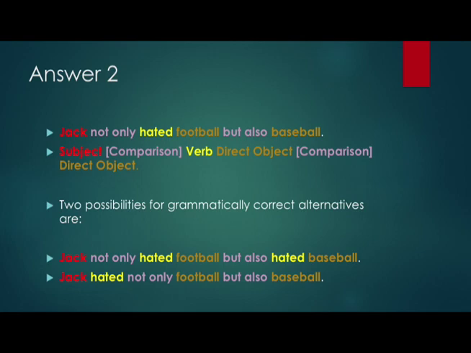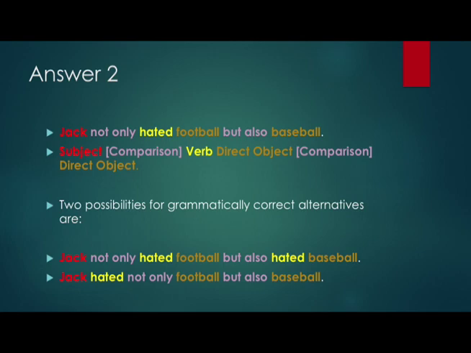So in this case, we have the verb hated following not only, and we have the direct object football following it. However, looking at but also, again, which has to be parallel to the construction with not only, does not include a verb. It only has the direct object baseball.